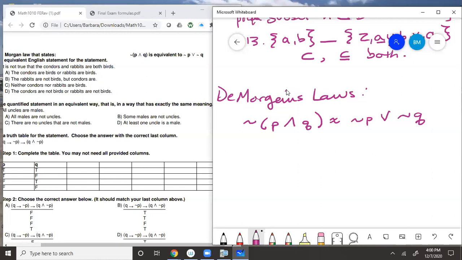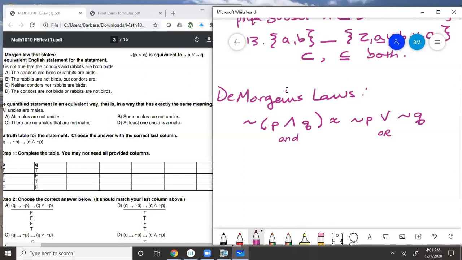This means the complement of P and Q. What we can do is apply the not to each of these and then flip it to make it or. So an and becomes an or, and then we distribute the not with each letter. So not (P and Q) is equivalent to not P or not Q.